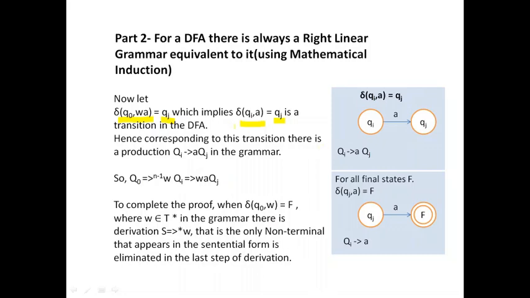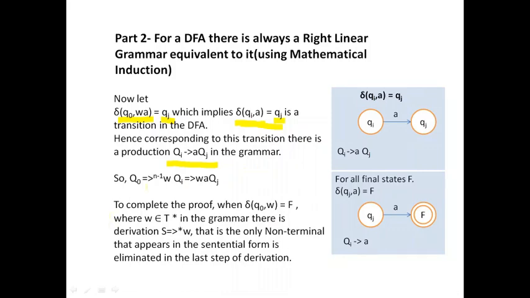Since we have a transition Qi on A to Qj, accordingly in the right linear grammar we will also have a production of the form capital Qi giving A Qj. That is as per our construction rules.